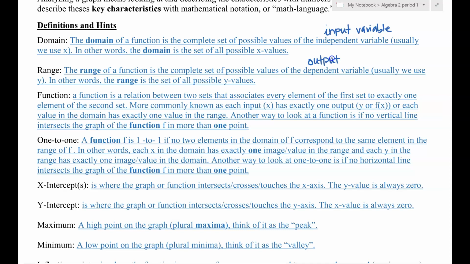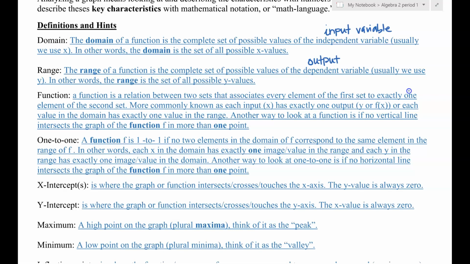A function is a relation between two sets that associates every element of the first set to exactly one element of the second set. Okay, this is a keyword right here. More commonly known as each input, which is x, has exactly one output, which is y, or sometimes we use f of x to represent the output.